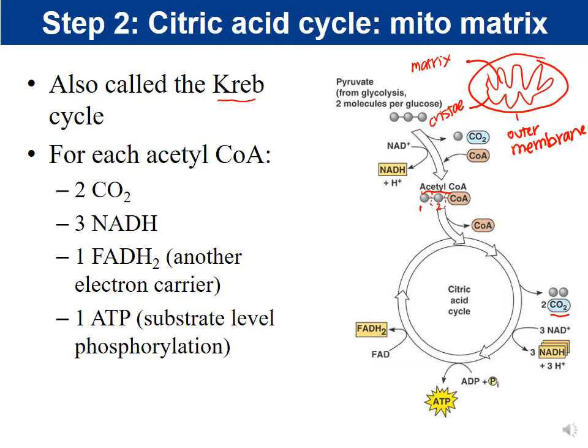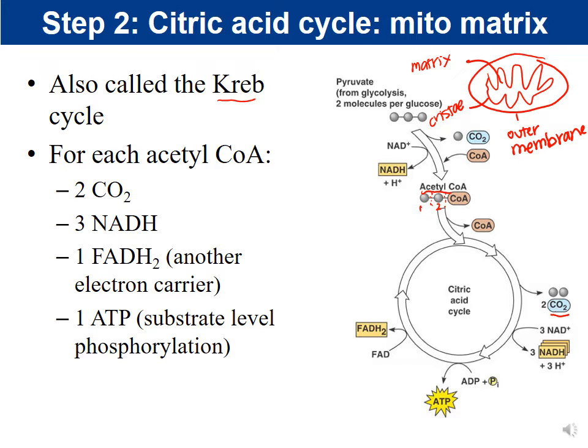We broke more bonds, so we're going to get more electron carriers in this step. We have 3 NAD plus going in. They're going to pick up electrons, and they're going to form 3 NADH. So 3 NADH are the products per acetyl-CoA. We also get 1 ATP by substrate level phosphorylation.